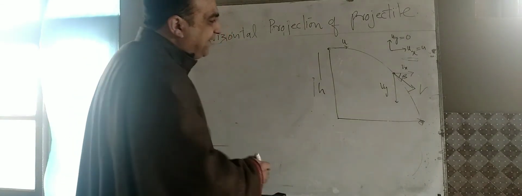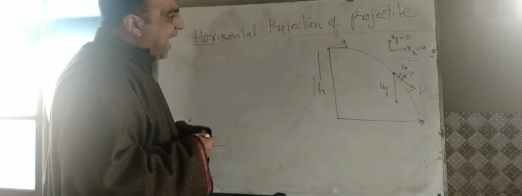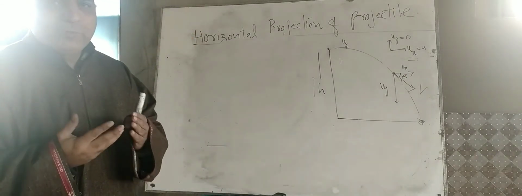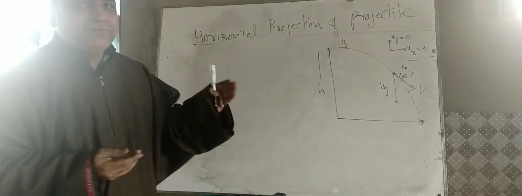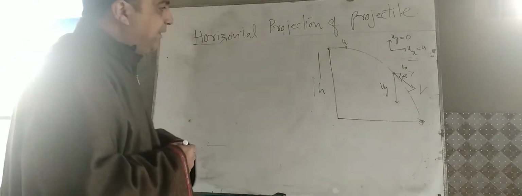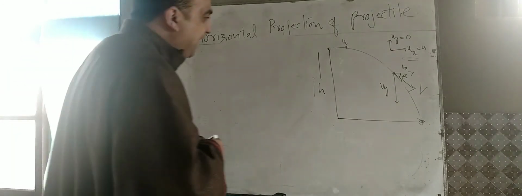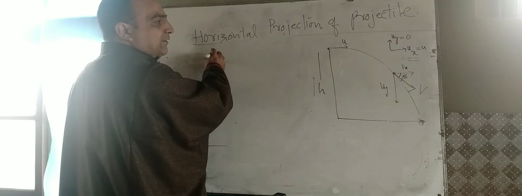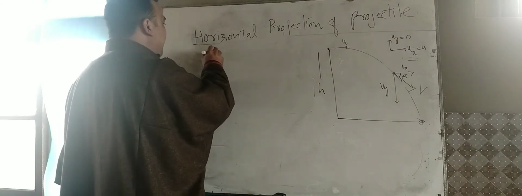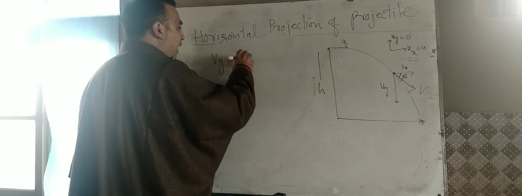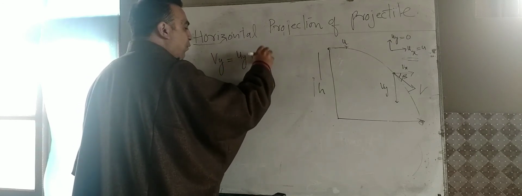Now, the point of contention is that I want to calculate the velocity of this projectile at any instant of time during its motion. So what can I do for that? If I write the vertical component of velocity as Vy = Uy + Ay t.